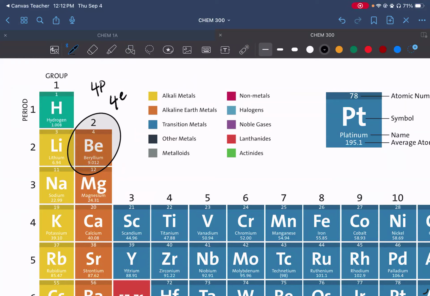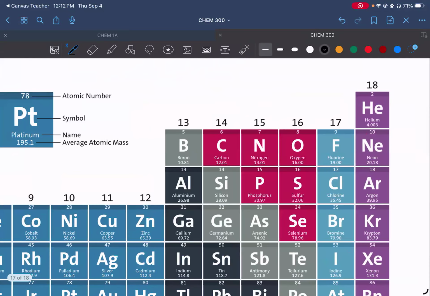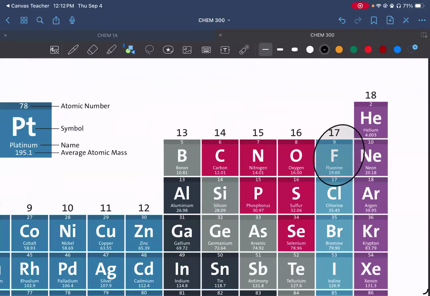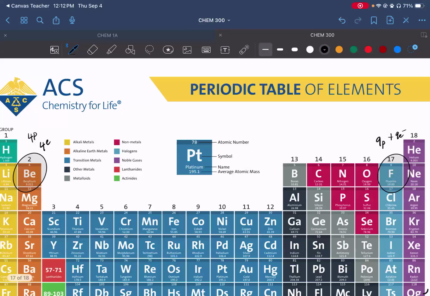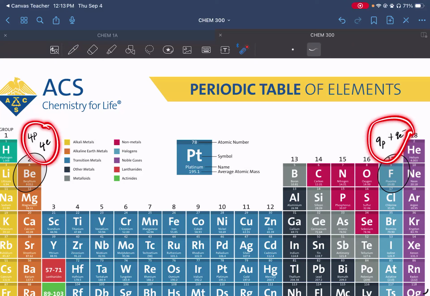That's how to read the periodic table. Fluorine, on the other hand, has 9 protons and 9 electrons. So in terms of numbers, yeah, you could make the argument that there are more electrons in fluorine. So in theory, it should be bigger.